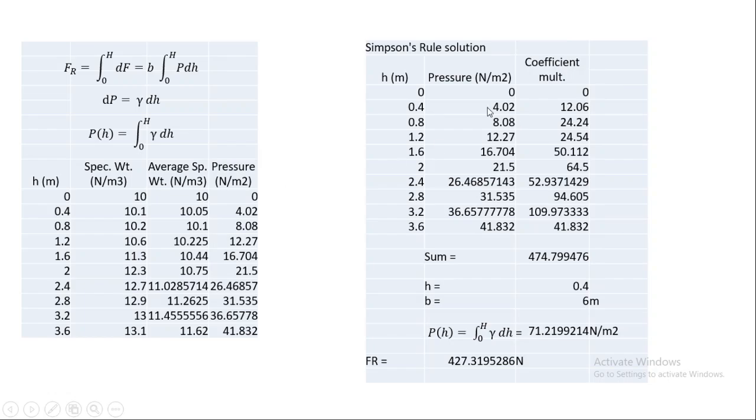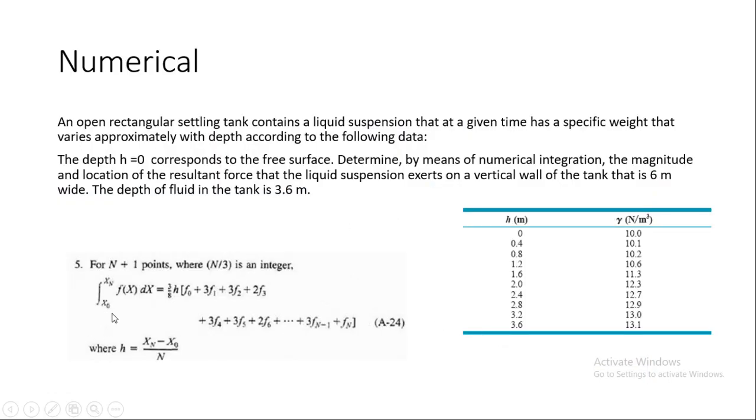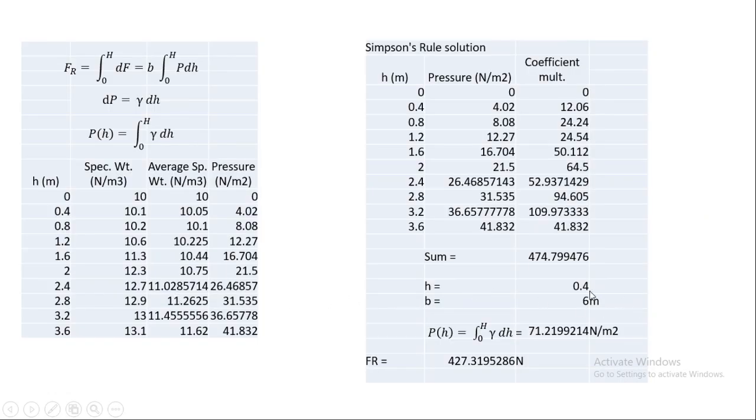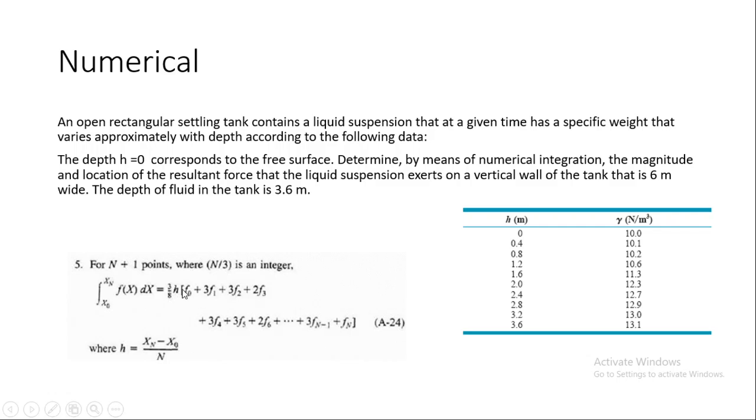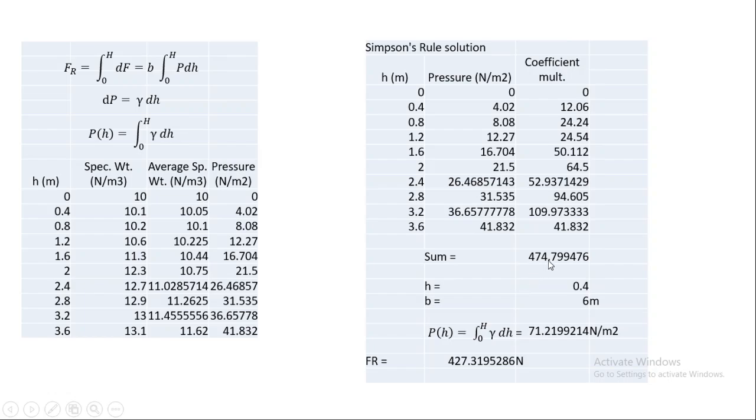So we know the b value and the integral of all these. For integrating these factors, I just need to use the similar formula, 3/8 multiplied by the h value, and then the summation of all these values, which is here, the sum. So the integral will be equal to this.